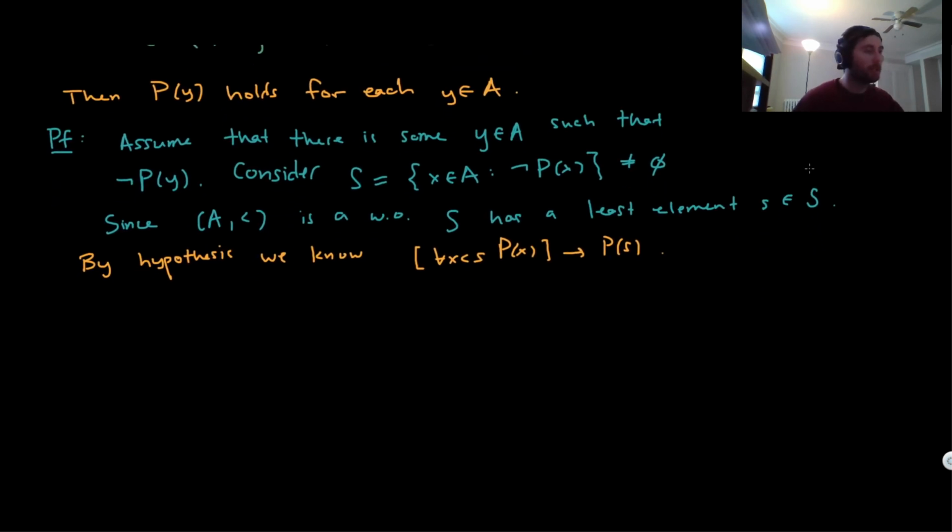So what do I mean by that? Since little s is the least element of big S, and big S is all the values for which p of x fails, what that has to mean is that for every single x less than little s, p of x has to hold.